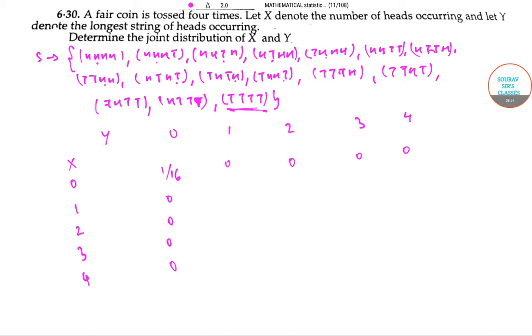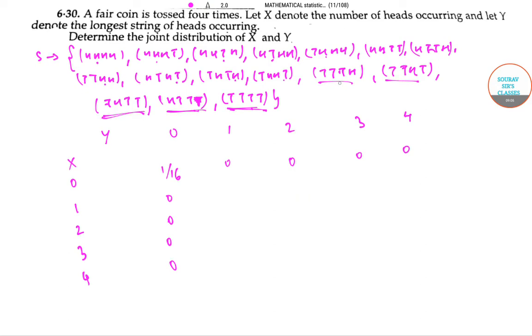So we need to analyze these cases. The total probability comes out to be 4 by 16, since we have 4 favorable events. For the rest, a string of 2, 3 and 4 heads, the probability is 0.